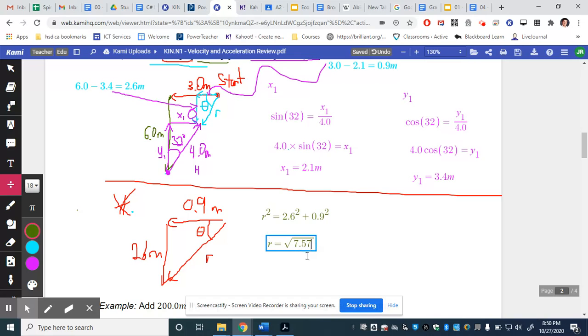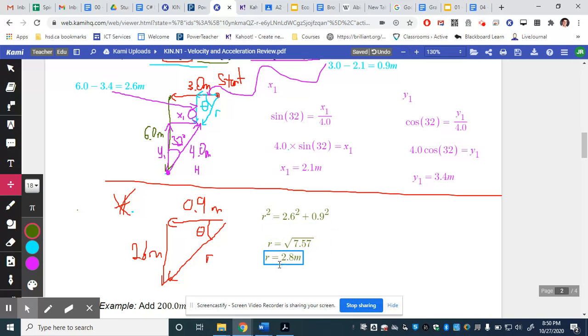And then the square root of 7.57 is 2.75, so that's 2.8. Okay, so r equals 2.8 meters. That's awesome. So we're done, almost. We've got r, but we still need theta.